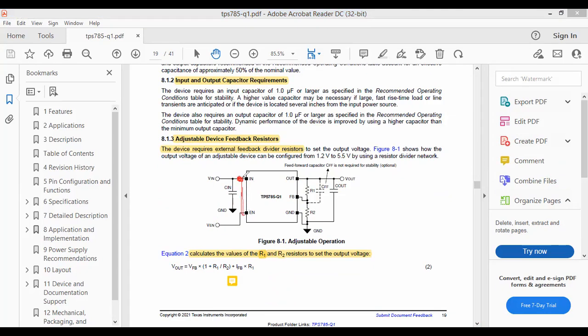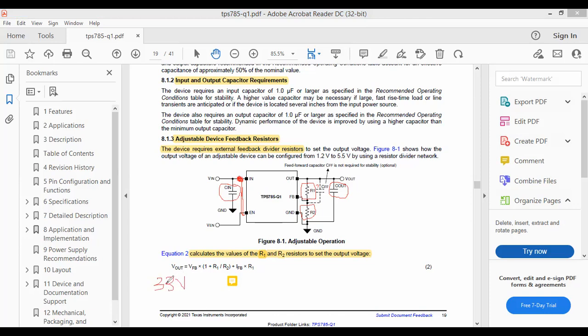So you can just connect it here. This is your input capacitor, and this is your output capacitor. These feed-forward capacitors are for noise filtering, but we are not using them. And you have to use your feedback resistors in this way to get the output voltage to our desired value, that is 3.3 volts.